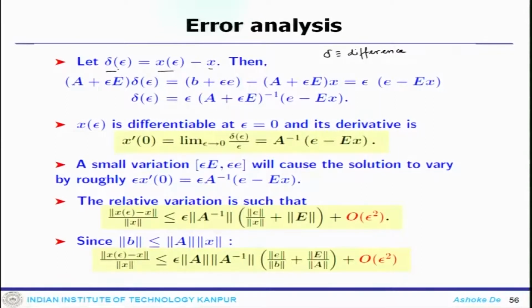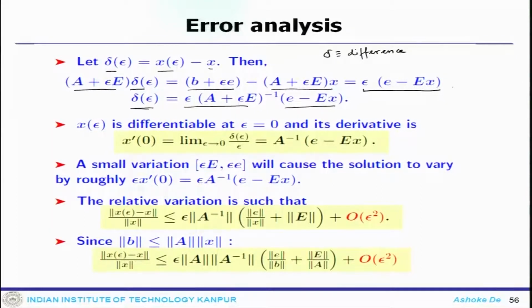Then one can write (A plus epsilon E) delta epsilon equals b plus epsilon e minus (A plus epsilon E) x, which is rearranged as epsilon times (e minus E x). Here delta epsilon is epsilon times (A plus epsilon E) inverse into (e minus E x).